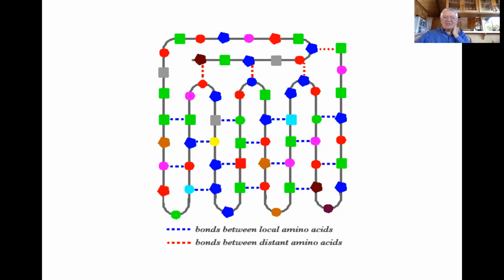This is, as you can see, an immensely difficult calculation, just how it achieves its final structure. But it does, and it does it quickly, and in most cases, it does it completely on its own. In other words, there's no apparatus that's required to wrap up this chain into the correct final structure.